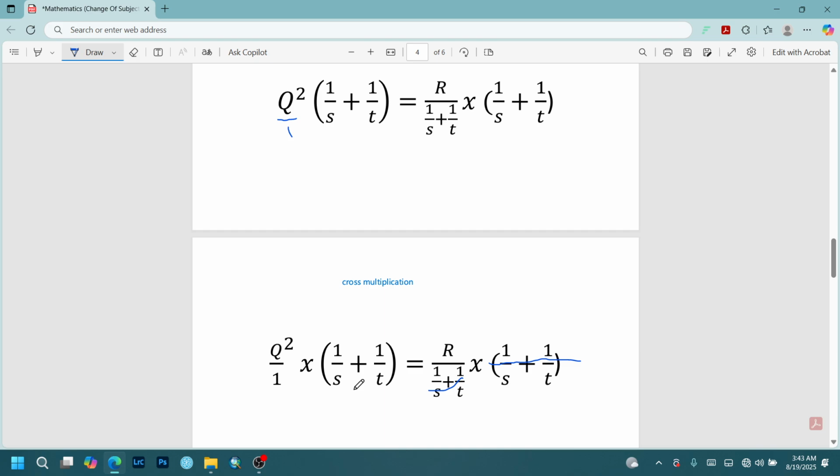So in cross multiplying, the denominator on your right hand side, which is 1 over T, the T here, would multiply the numerator on the left hand side.